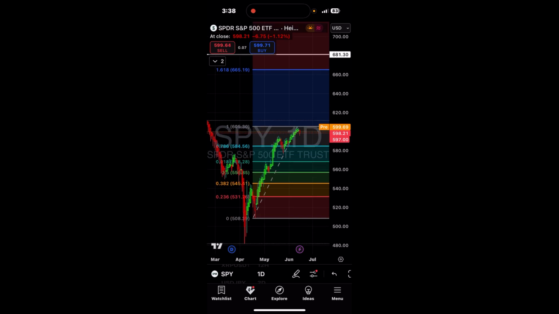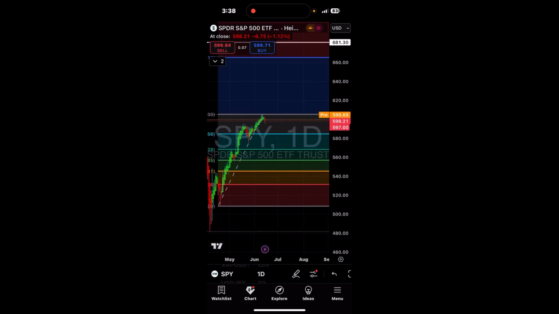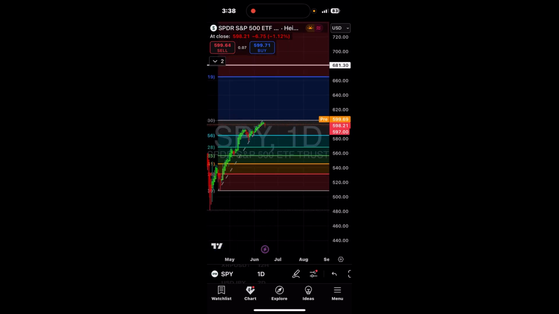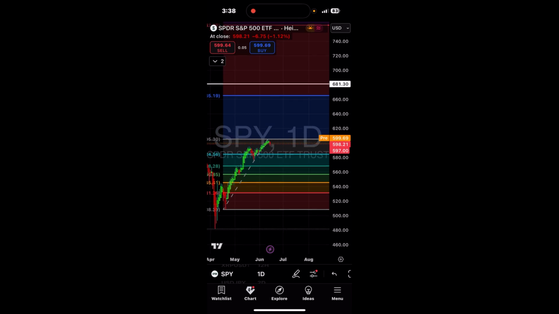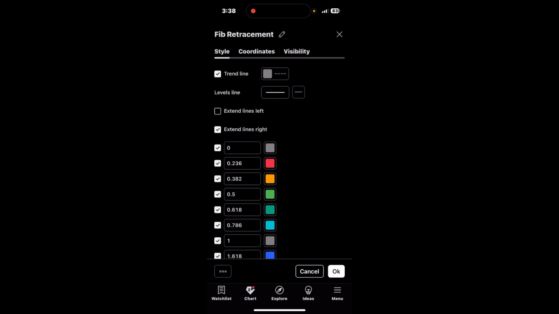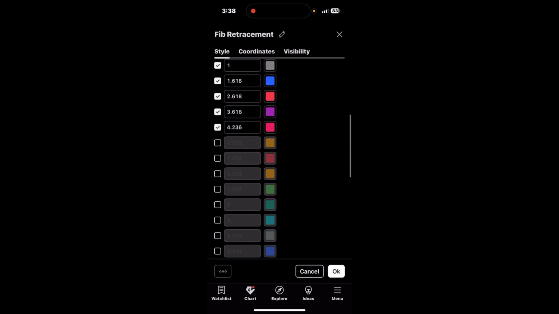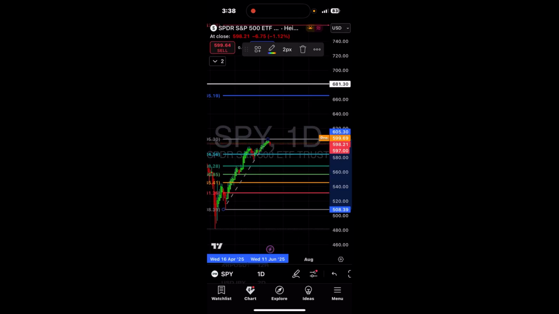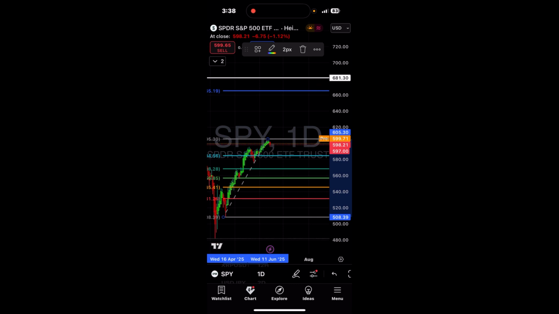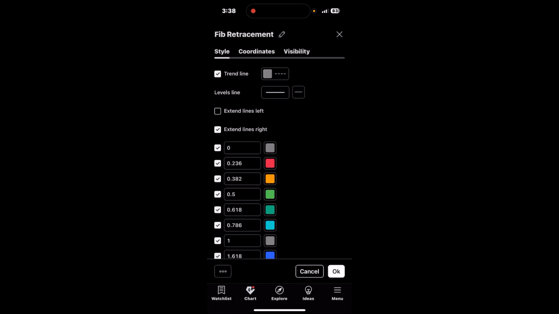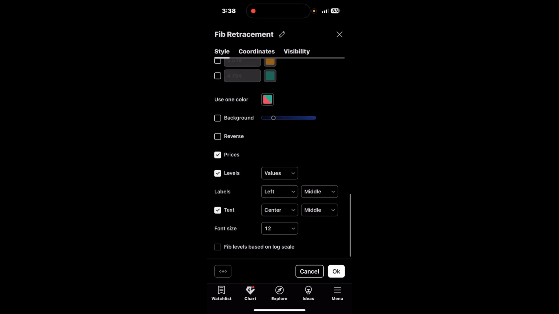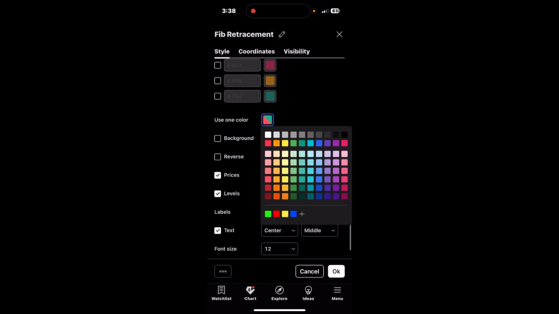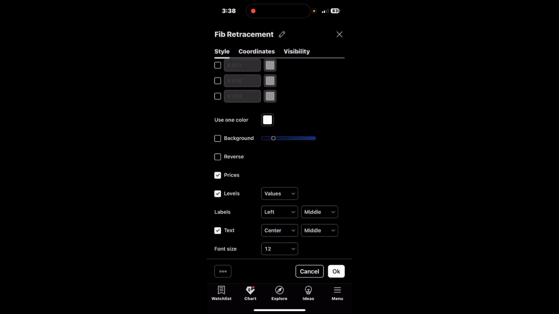If you do not want to just have your Fibonacci here, you can go in your settings and turn off the background color if you prefer. You can also change all your colors to one, let's say white, if you want.